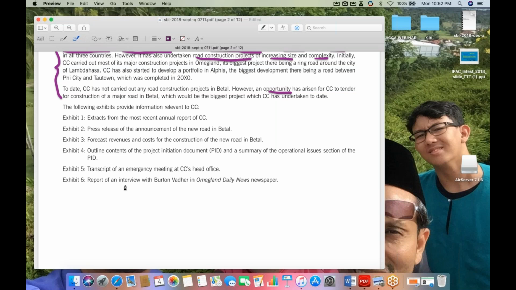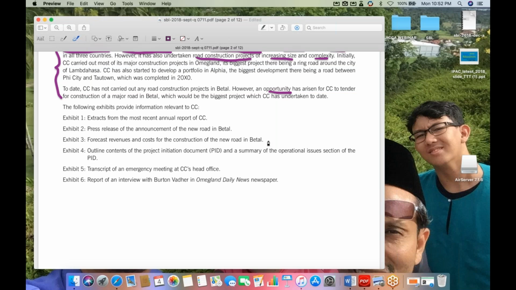This is a press release. Perhaps there's some information you can get from here about that particular road construction. And then this is the forecast revenues and costs for the construction of the new road in Beetle, which you have to be very careful of, how this particular forecast of revenues and costs is being constructed.